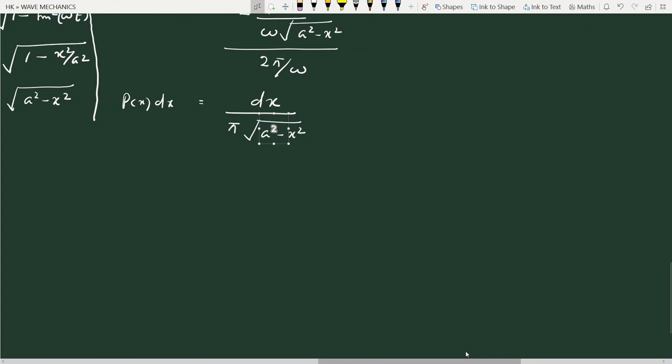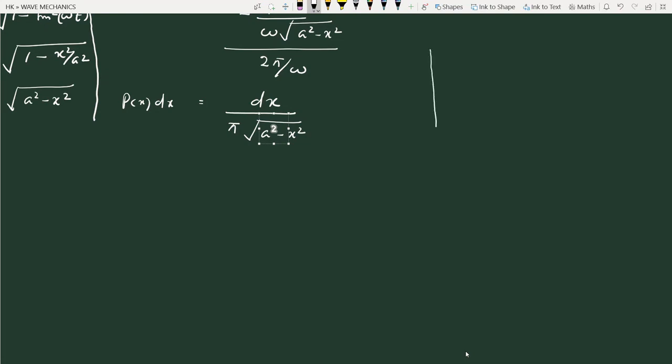If we plot this value, this is the mean position. Let us say these two are the classical turning points, minus a and plus a. These are our amplitudes. Let me just mark the classical turning points here.